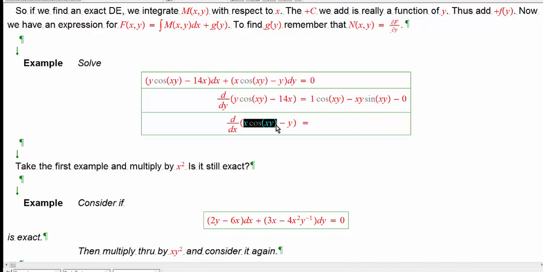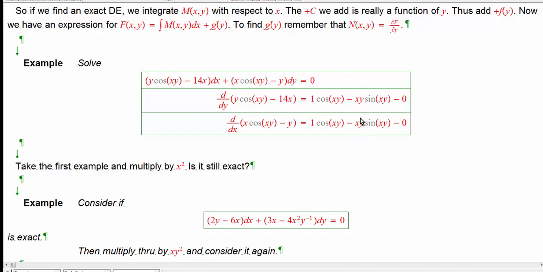Again, product rule with this piece, derivative of the x with respect to x is 1, leave the second alone. The derivative of cos xy would be minus sine xy times the derivative of what's inside. Long story short, I get the same thing. The derivative of y with respect to x is 0.